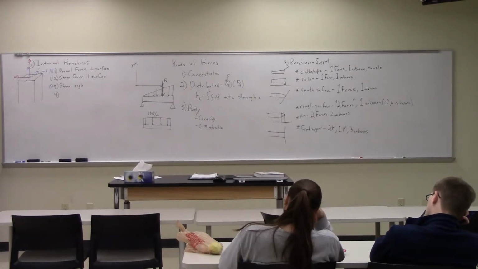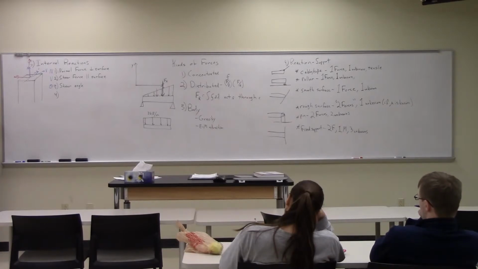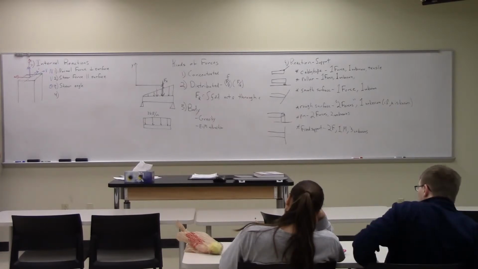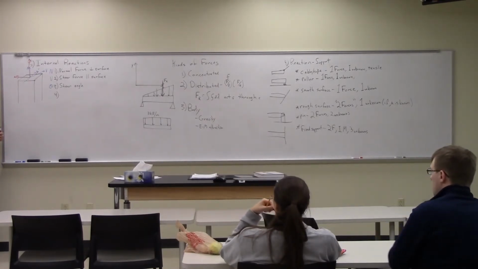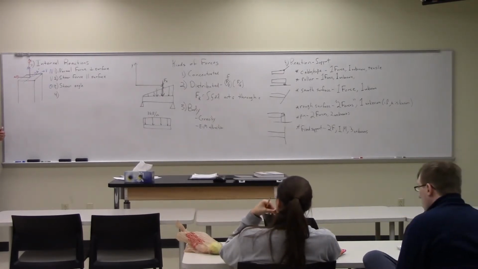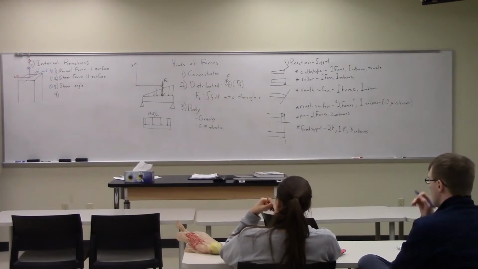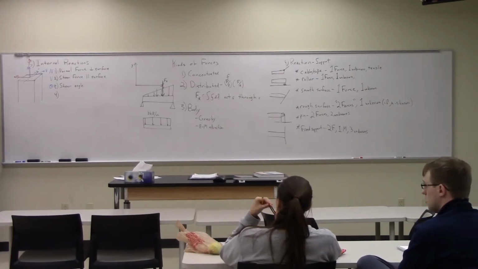Okay. What's this top one? What kind of a moment is that? One that's causing a rotation about the Y-axis, about the normal direction. Do you know what kind of a rotation this is?